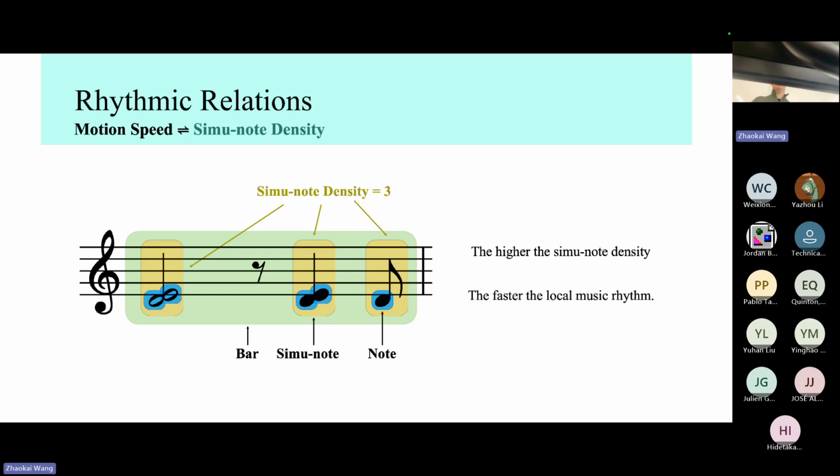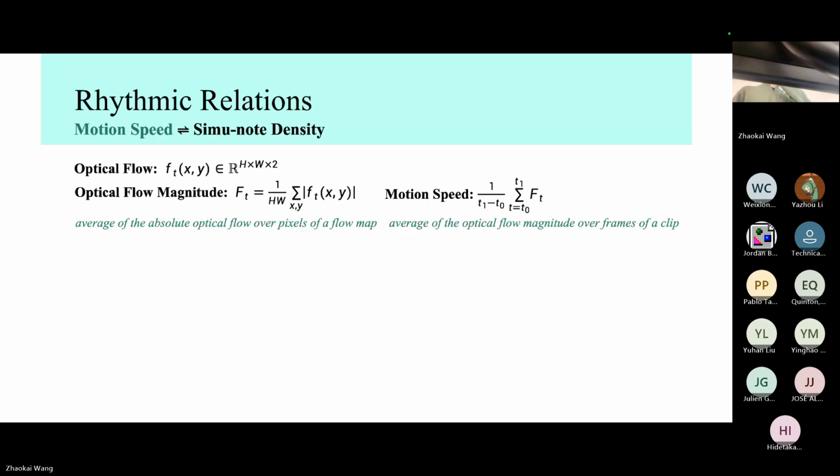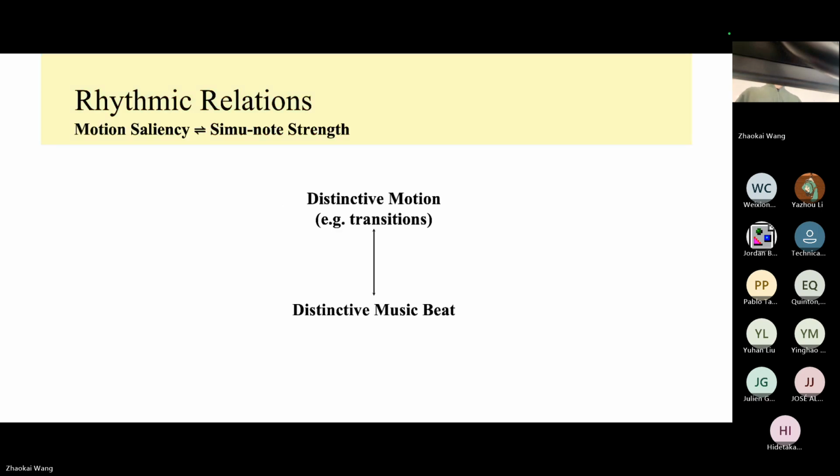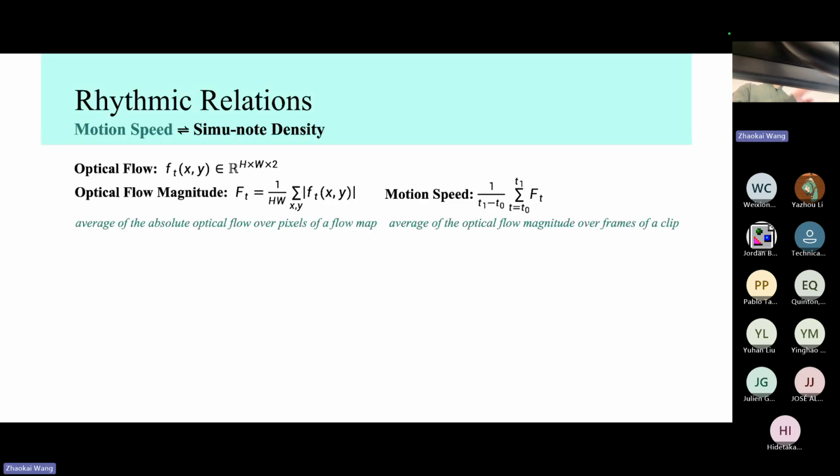So our intuition is that the higher the seminode density, the faster the local music rhythm. To map the video features into the seminode density, we use optical flow. We calculate the optical flow, average it over all of the frames of a video clip, and define it as the motion speed. So the motion speed is mapped into the seminode density.